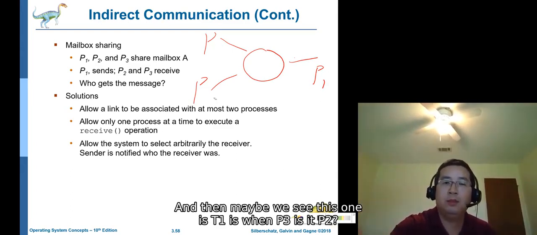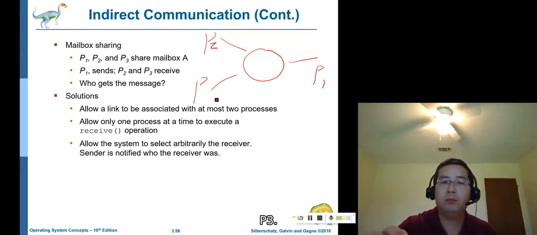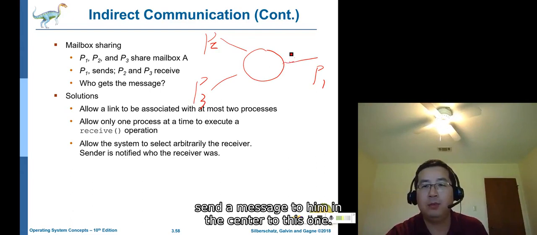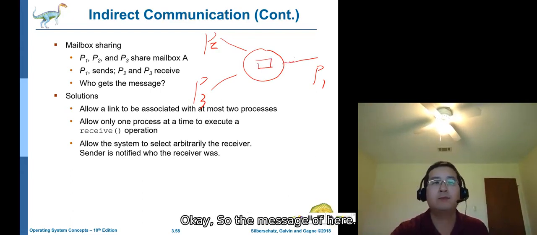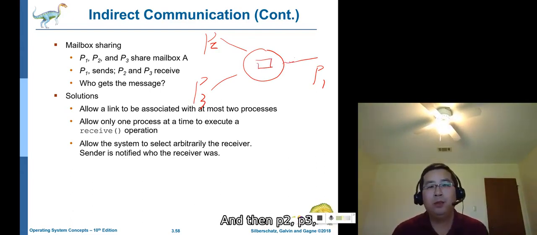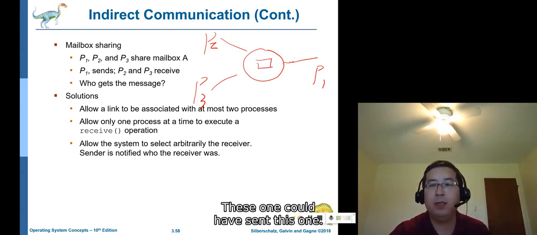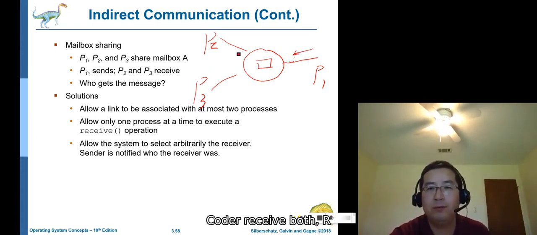If P1 sends a message, it sends it to this mailbox, and then P2 and P3 just perform the receive. That means this one called the send, this one called the receive.